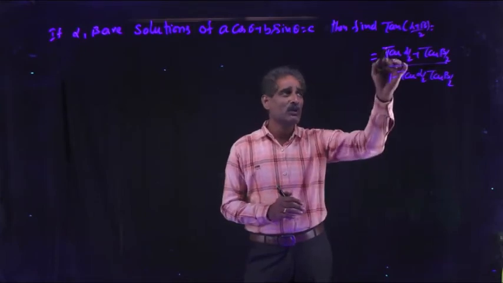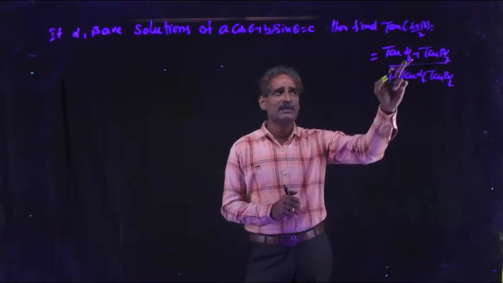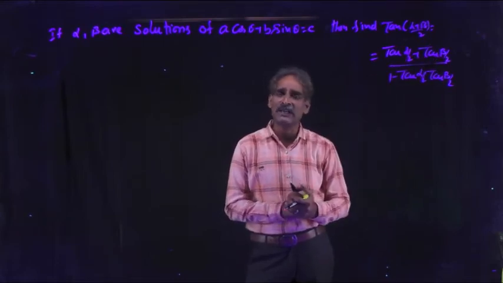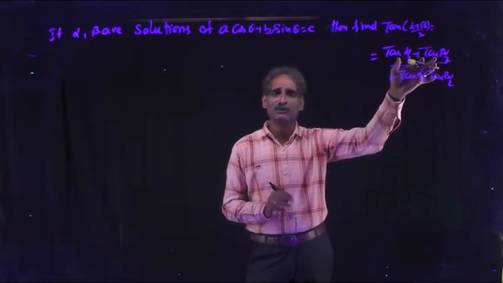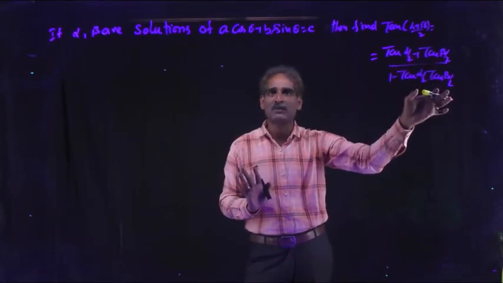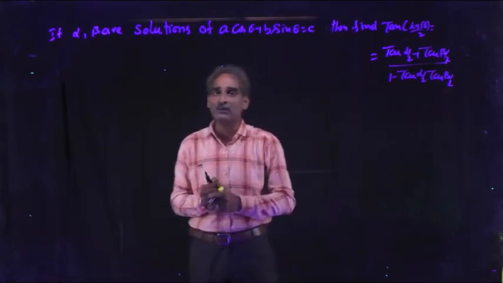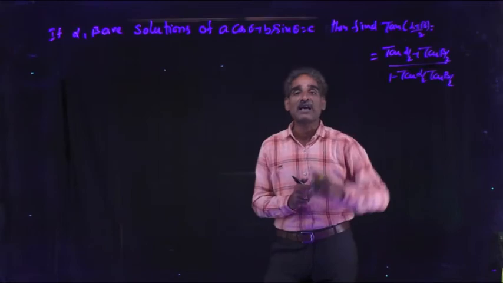Suppose these are the roots of a quadratic equation: this is the sum of roots and this is the product of roots. That means if we have a quadratic equation in terms of tan theta by 2, its roots are tan alpha by 2 and tan beta by 2.